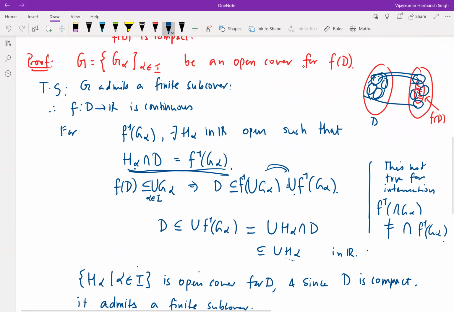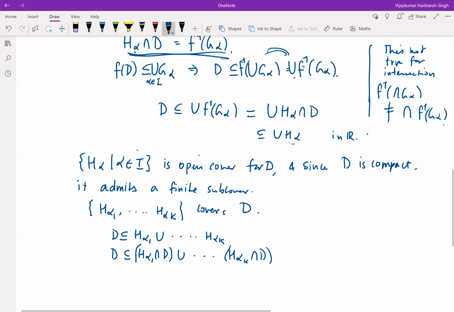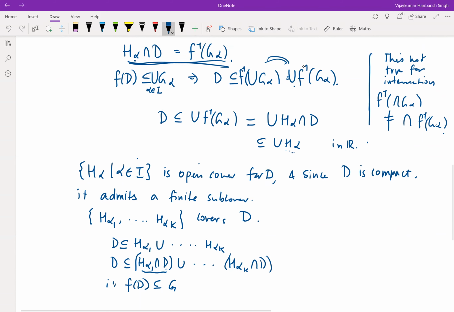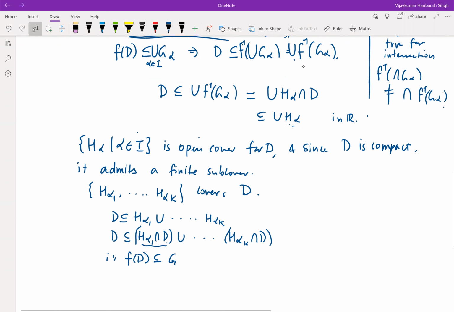So this implies f of D is contained inside the union of these. But what are these guys? H alpha i intersection D is f inverse of G alpha i.